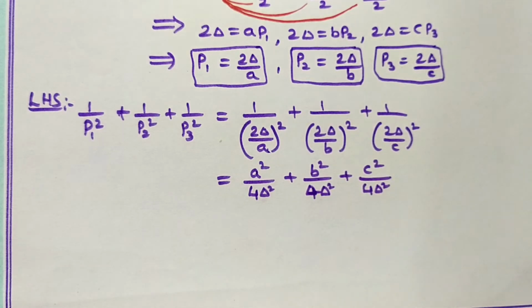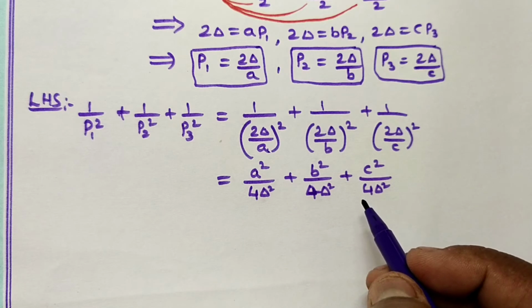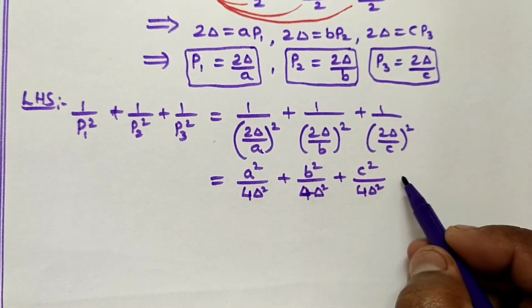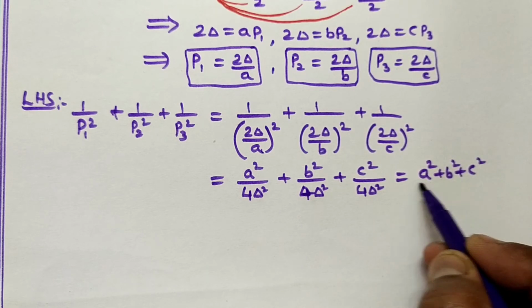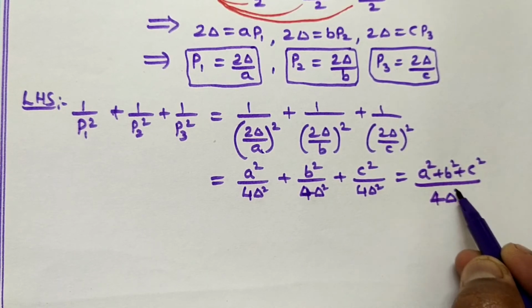After that, this equals A square plus B square plus C square divided by 4 delta square.